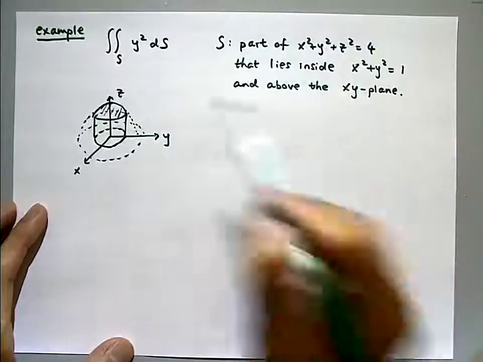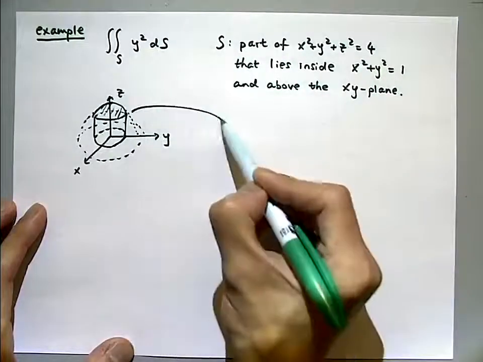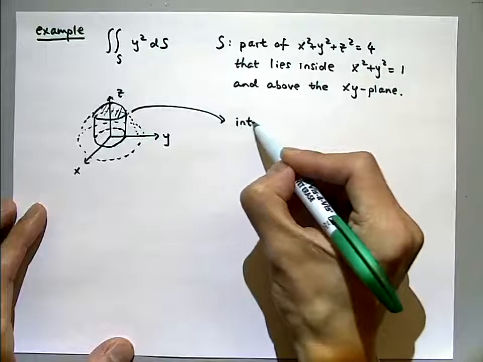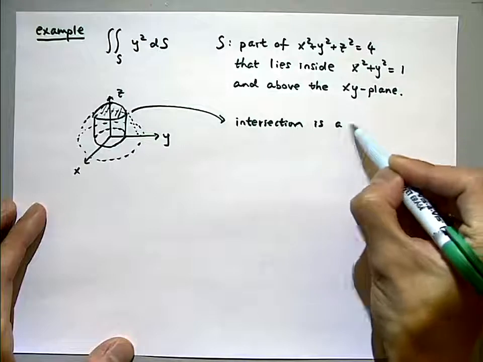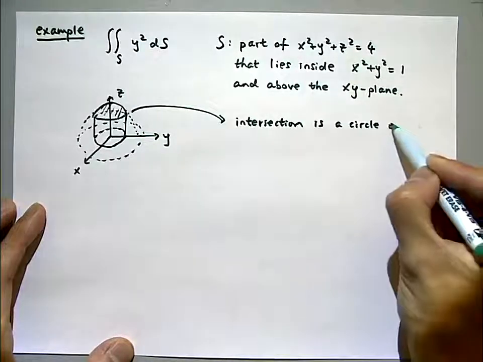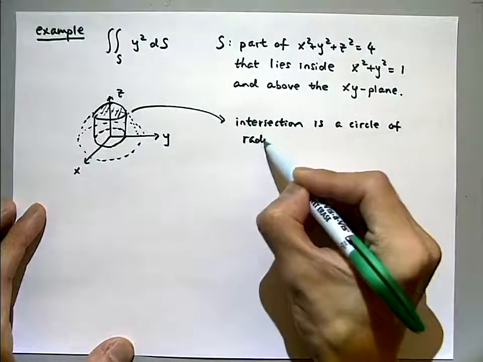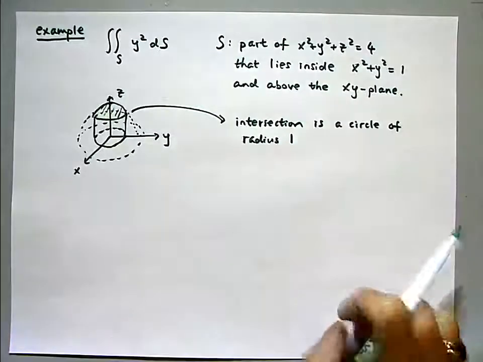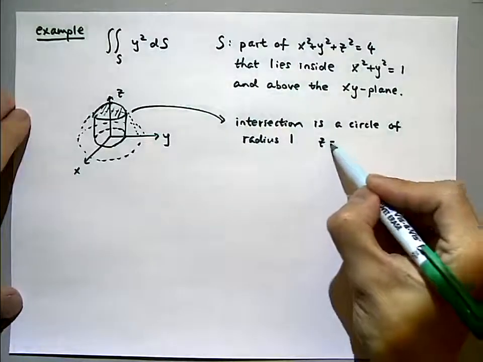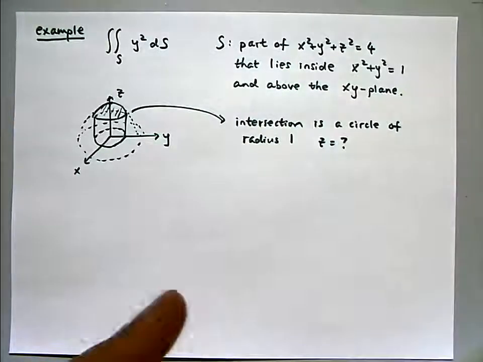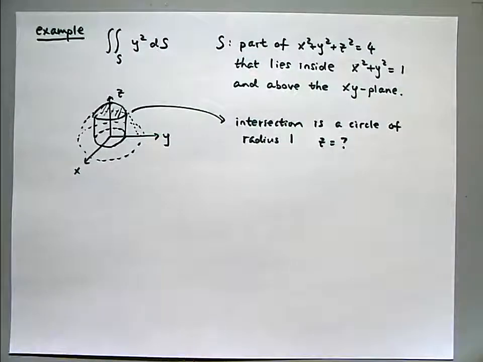Okay, so first of all, let's check out the intersection here. We know this intersection is a circle of radius 1 because that's the cylinder that constrains the overall shape. What we don't know is at what height that intersection happens.